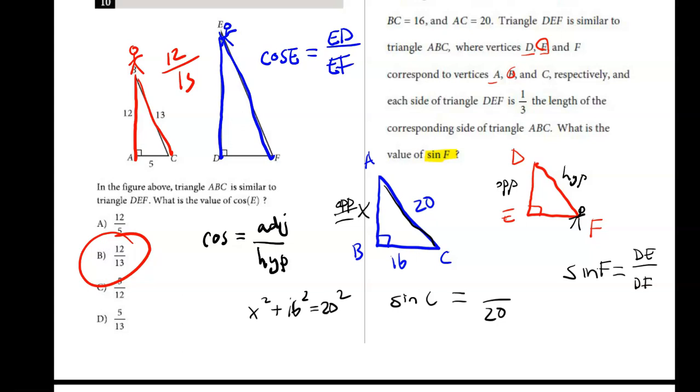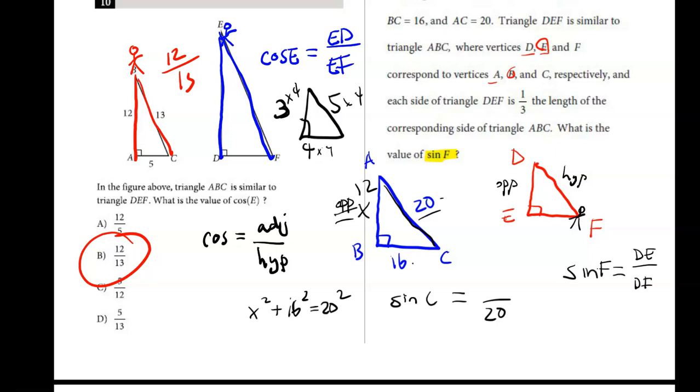I know that a lot of times right triangles, especially on tests, follow the format of 3, 4, 5. All right, that's a Pythagorean triple. And I notice that these two numbers are exactly 4 times bigger. If I times that by 4, I get 20. If I times this by 4, I get 16. So I think if I times this by 4, I'm going to get 12.